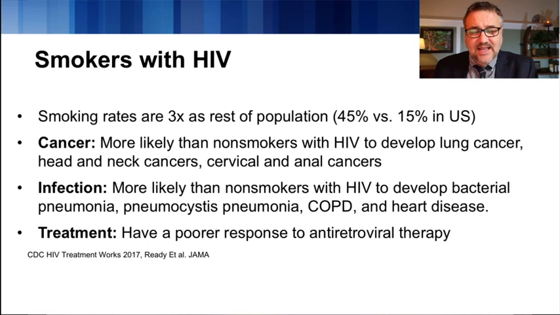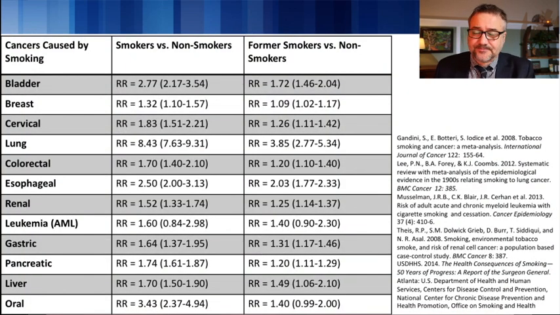They have poor response to antiretroviral treatments, and that again may have to do with inflammatory changes. But altogether, with the fact that antiretroviral treatments are working well, the risk of dying in people who have HIV is now greater from illnesses related to smoking.